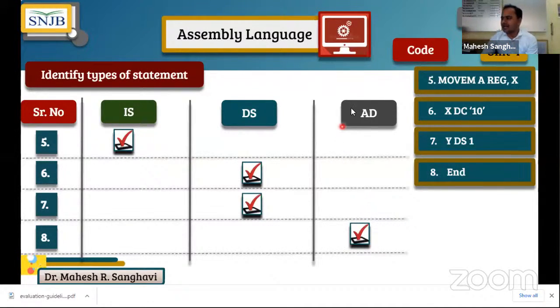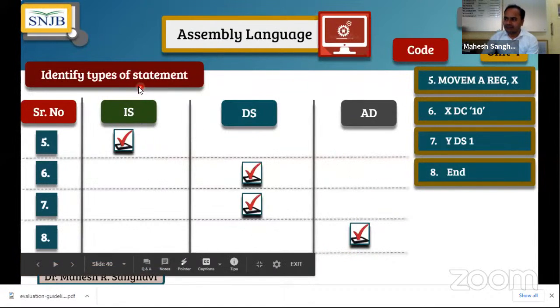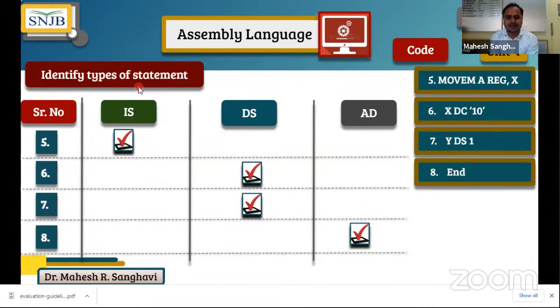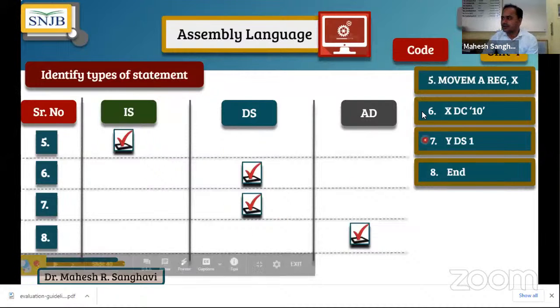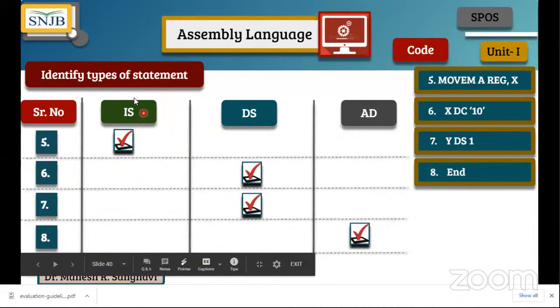So this shows the way we are able to identify the statements. I hope this assignment was given to you, and many of you have already submitted it. I'm happy for that. I must congratulate all those who did the assignment right, but for those who have not yet understood this part, I hope from this session it will be clear that an actionable word means IS.